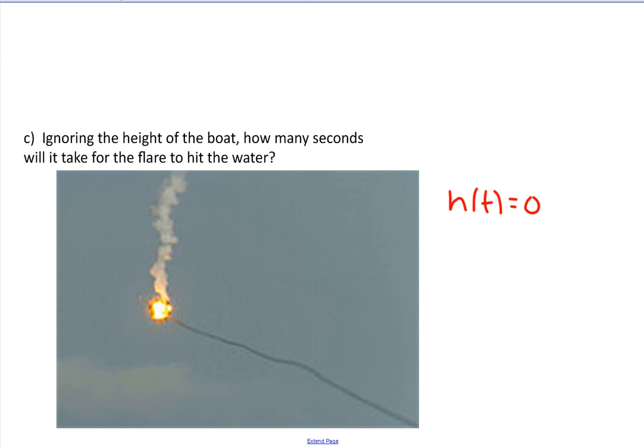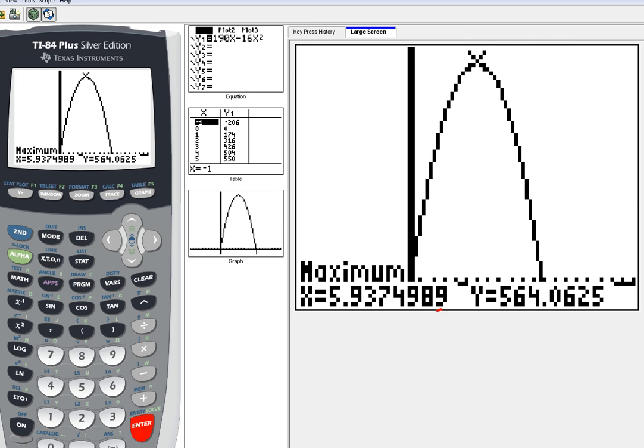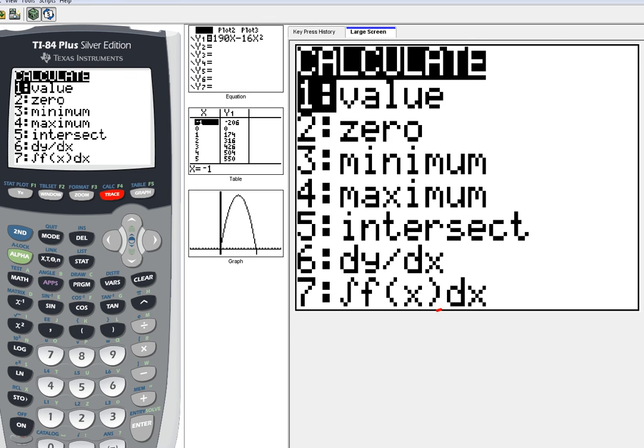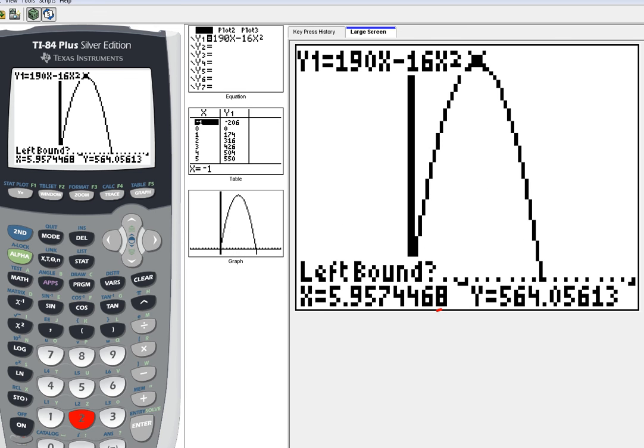Now I could do that by hand, but I'm going to use my calculator because I want to find the 0. So I go to second, calc again, and this time I'm looking for the 0. So it'll have me go left of the 0. Now, my 0 is occurring somewhere down more, right? Let's see how far down it shows me, because I thought I was under the axis.